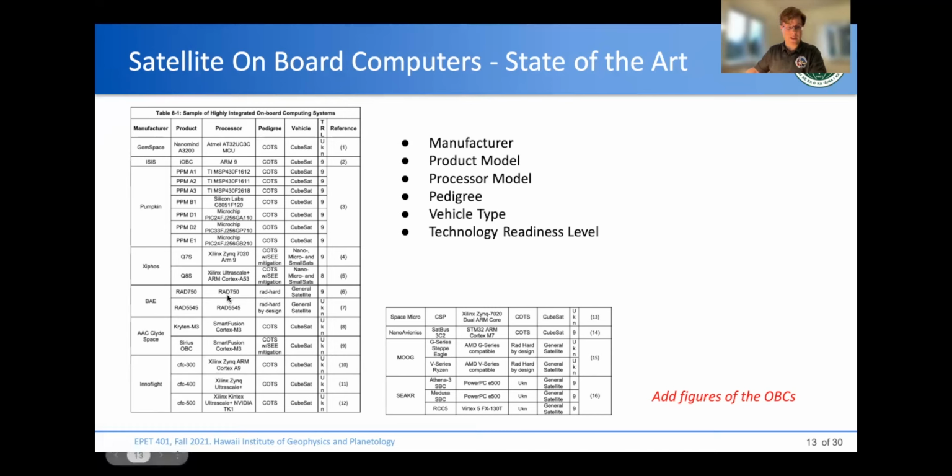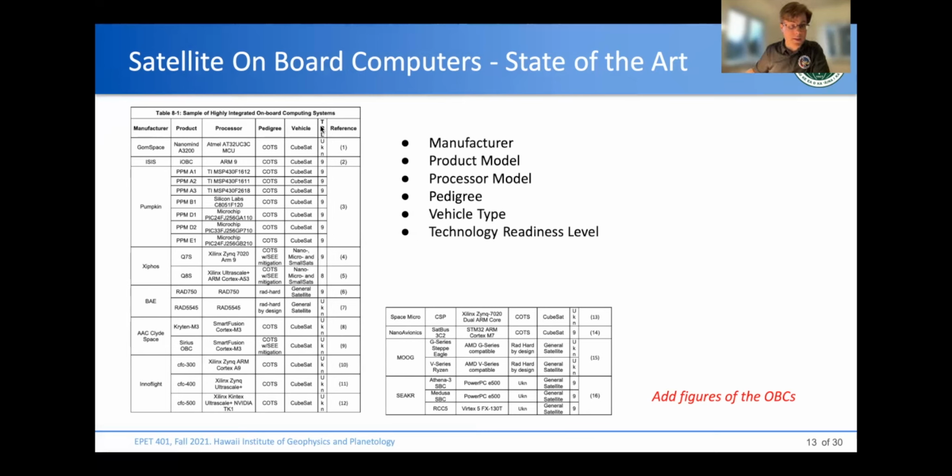In fact, this RAD750 is one of the mainly used flight computers for critical missions. So the Mars missions and things like that, they use the RAD750. And then what kind of vehicle you can use for these kinds of computers: CubeSat type or general satellites.